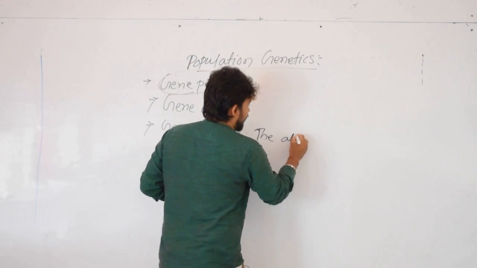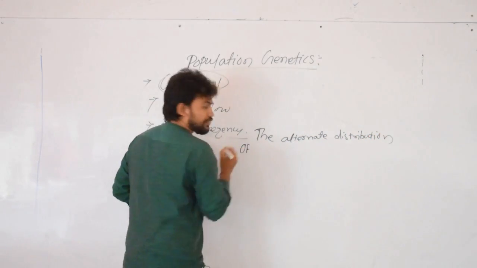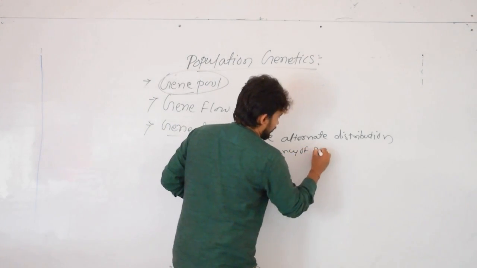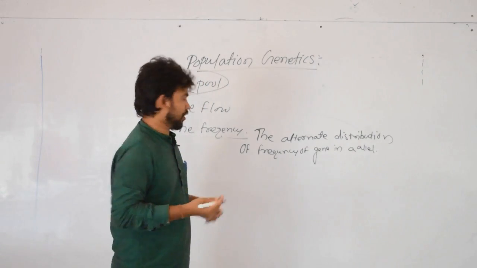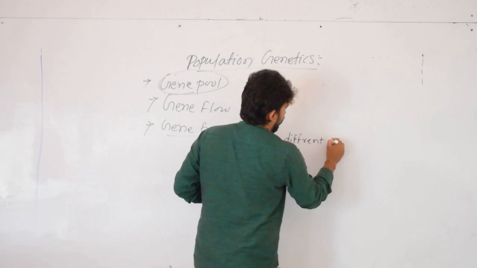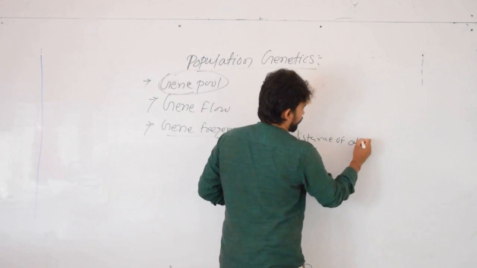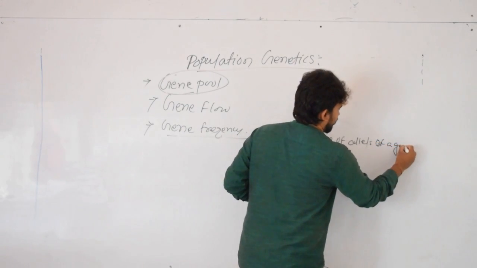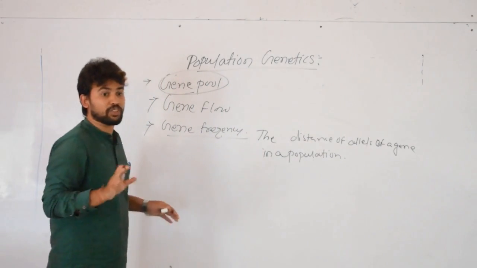The alternate distribution, the frequency of alleles of a gene in a population is called gene frequency.